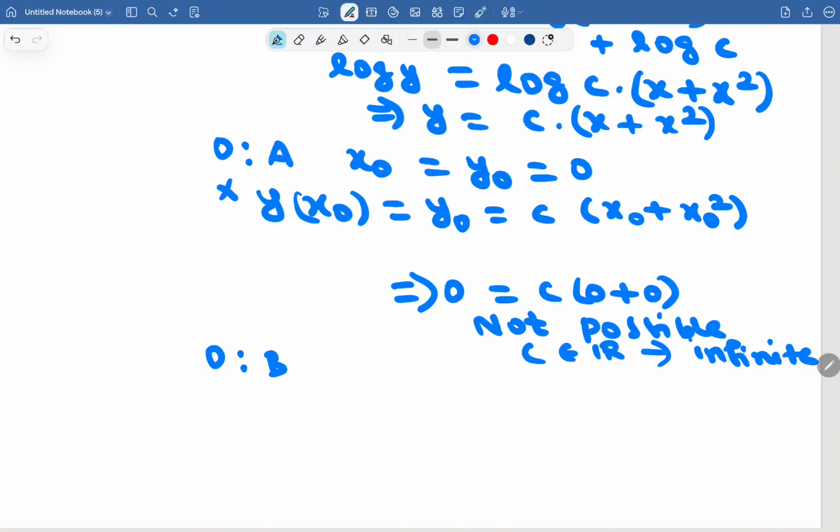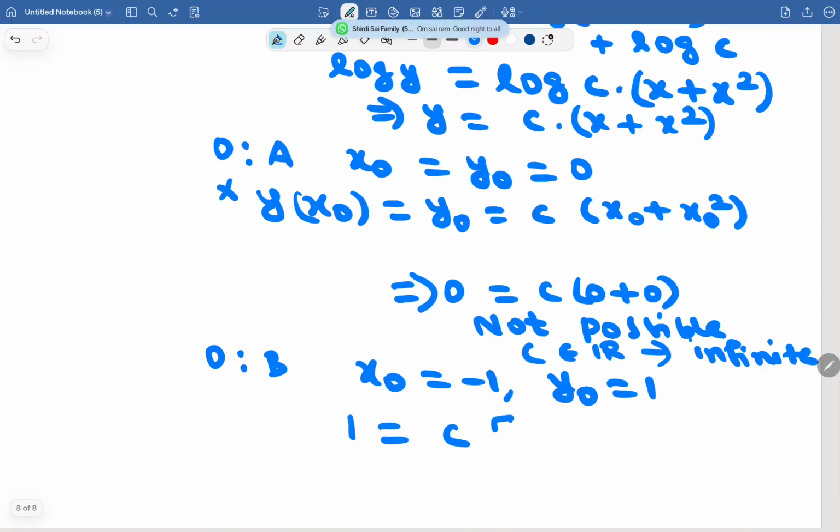x naught minus 1, y naught equal to 1, which is equal to c minus 1 plus 1.